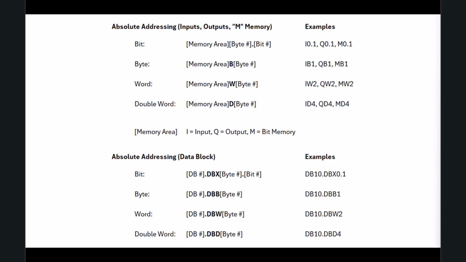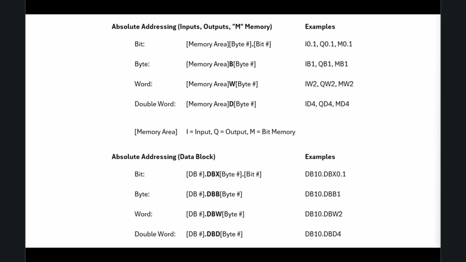And then the syntax for addressing the data block is listed. So for a bit, you would specify the data block number .DBX, which stands for data block bit, and then specify the byte.bit number in the data block that you want to reference. So an example, DB10.DBX0.1. For a byte address, you specify the data block number .DBB for data block byte, and then specify the starting byte number.